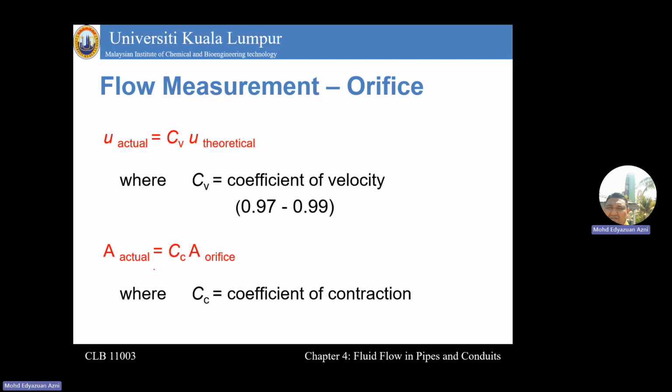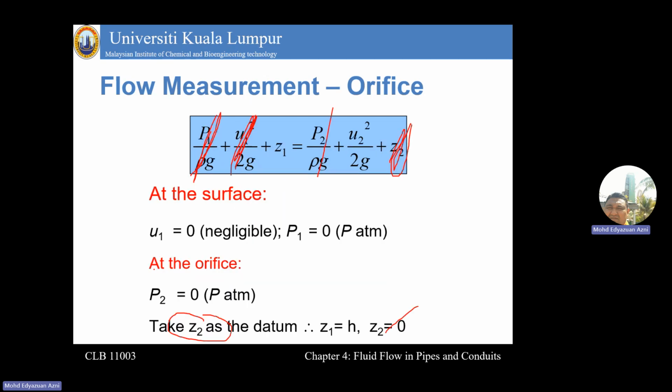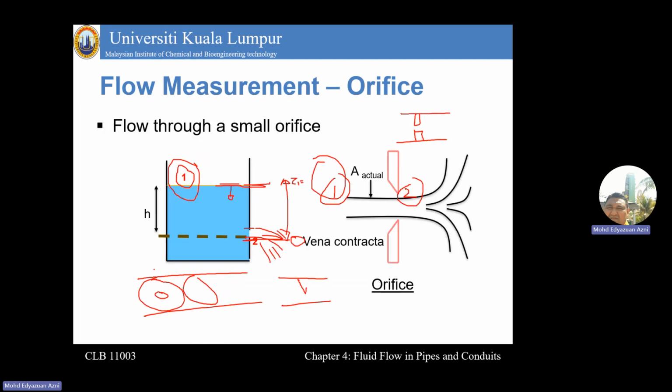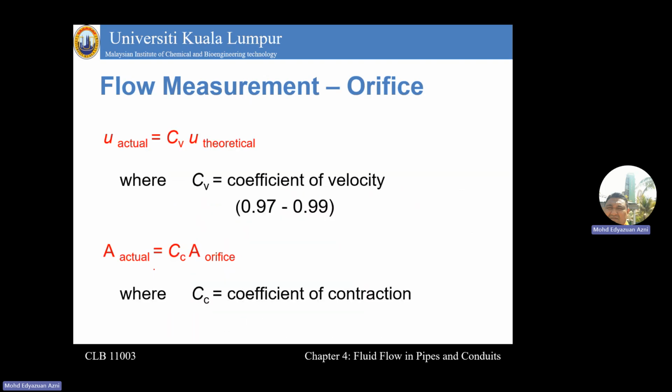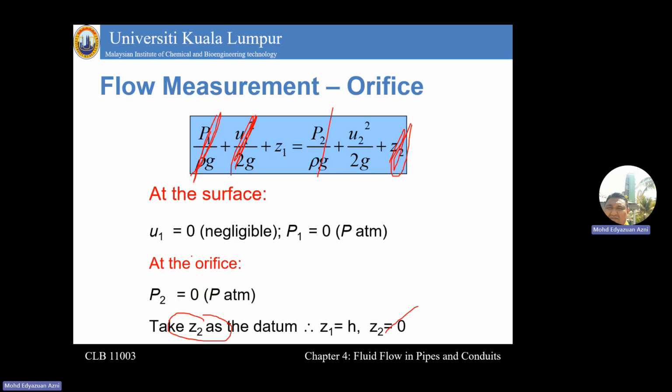Because of the vena contracta, we don't have the actual area. So we can also get the actual area equal to CC, the coefficient of contraction, times the area of the orifice, because the vena contracta has a very sharp pointy shape.